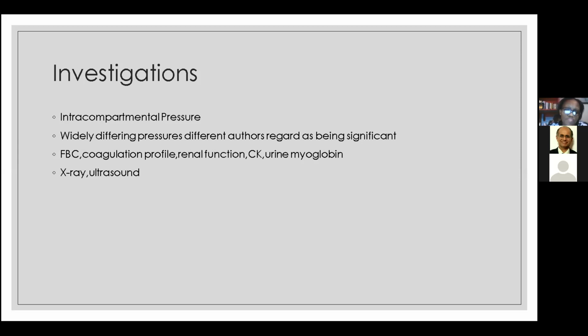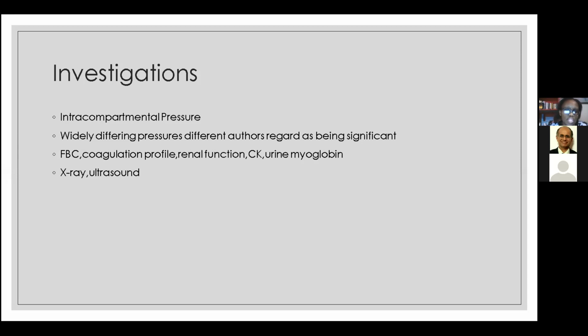Keep in mind that to record, if there's a repeated or sustained increase in pressure, then that is significant. But I'll mention the different pressures that have been recommended by different authors.